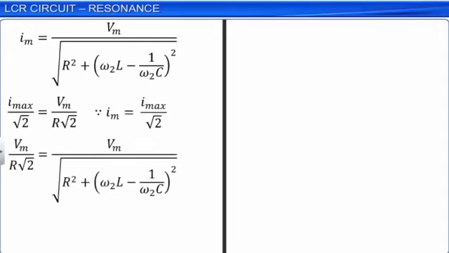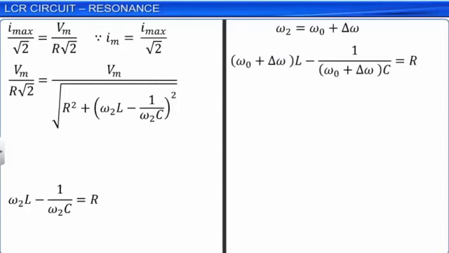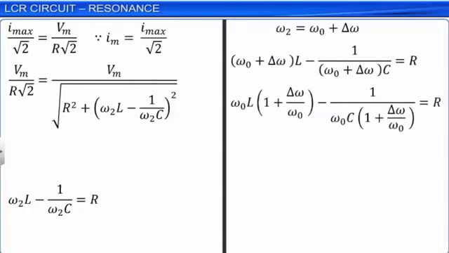On simplifying, we get omega 2 L minus 1 by omega 2 C is equal to R. Substituting the value of omega 2 equal to omega naught plus delta omega in this equation and simplifying, we get equation 3 as shown.